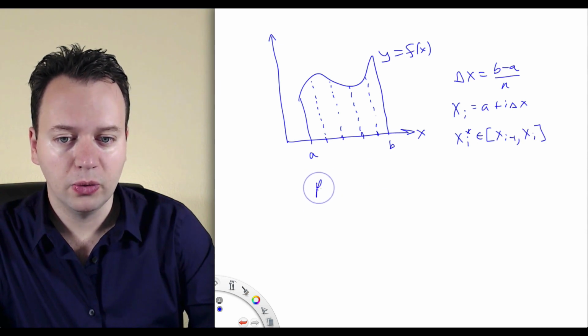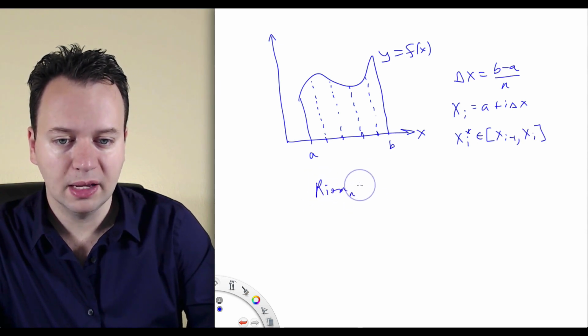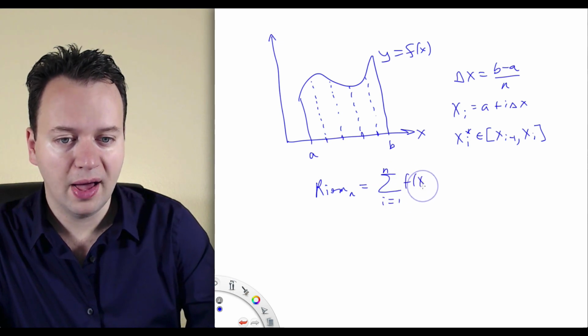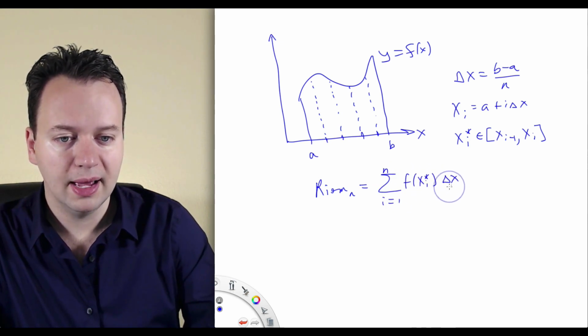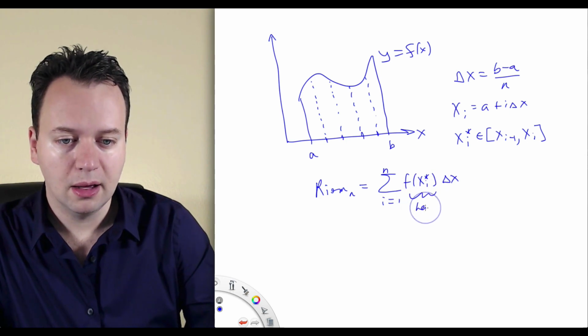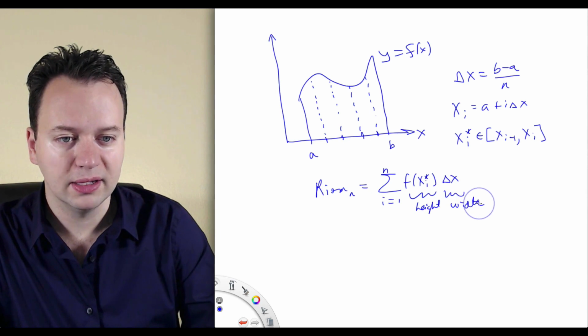And so our general Riemann sum with n subintervals was the sum i equals 1 to n of f of x sub i star times delta x. So this is the height of the particular individual rectangle, and then this is the width of that rectangle.